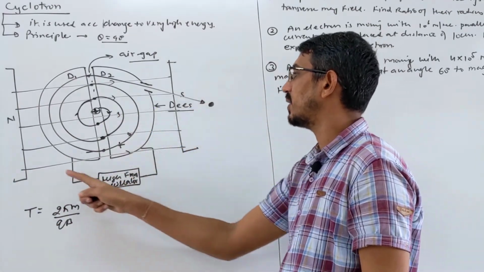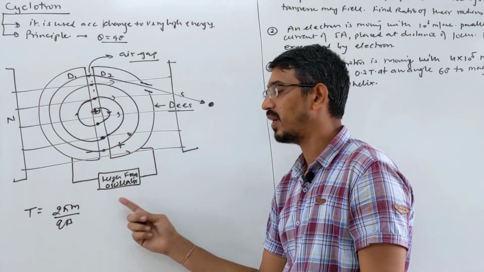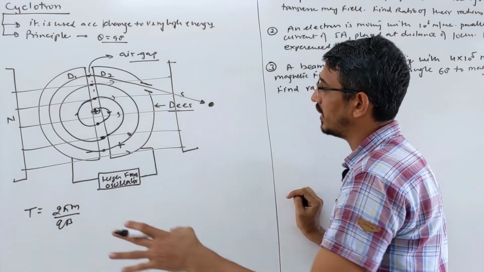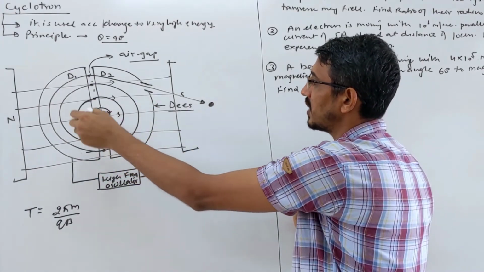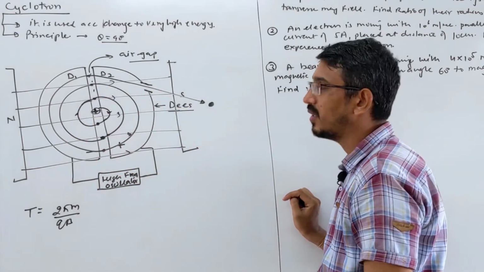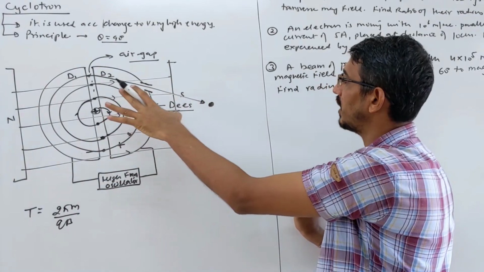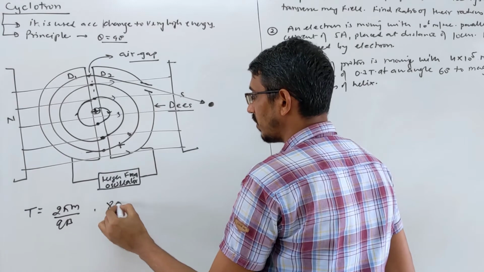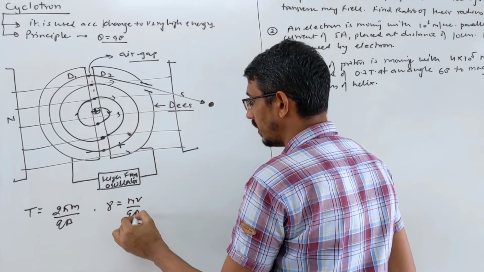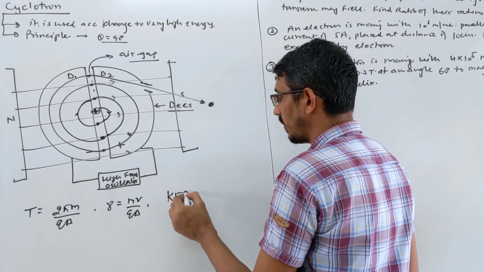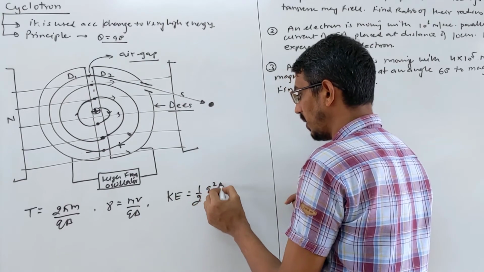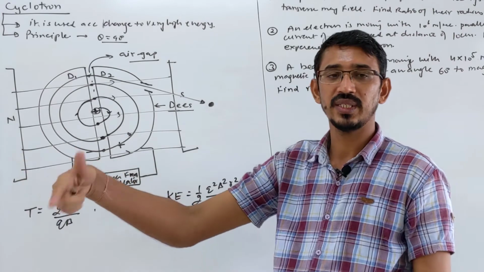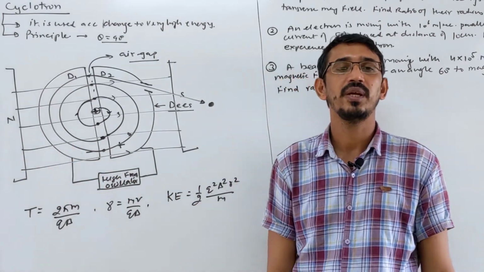So even as the radius changes, the time period remains the same. The charge keeps moving and slowly its radius and velocity keep increasing, and when it is sufficiently high, you can take it out. We already know the time period and the radius, mv upon qB, the same thing. Kinetic energy we have also learned, half q square B square r square upon m. All these are the same as when theta is 90 degrees, when the charge is moving perpendicular to the magnetic field.